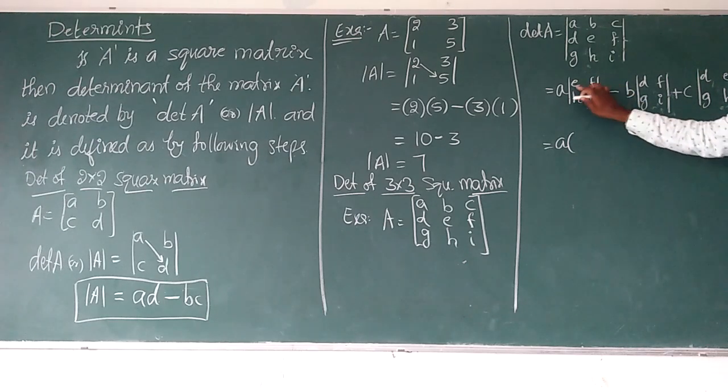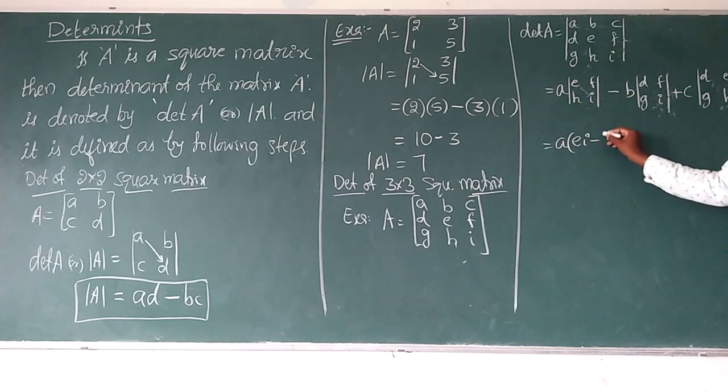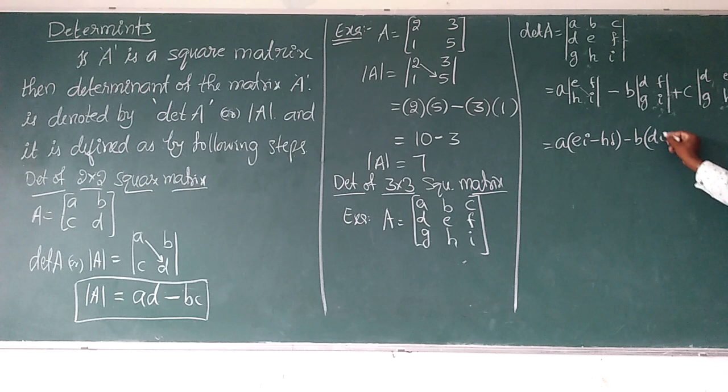Cross multiplication: E into I first of all, E I minus H F. Next minus B into D I minus G F plus C into D H minus G E. So in this way we can find the determinant of a 3 by 3 square matrix.